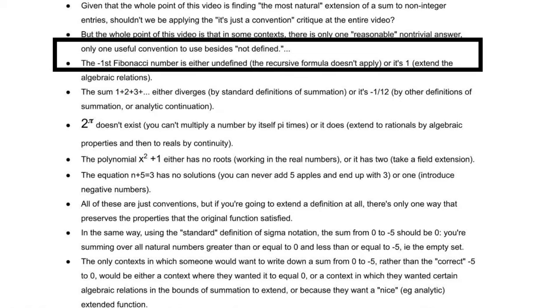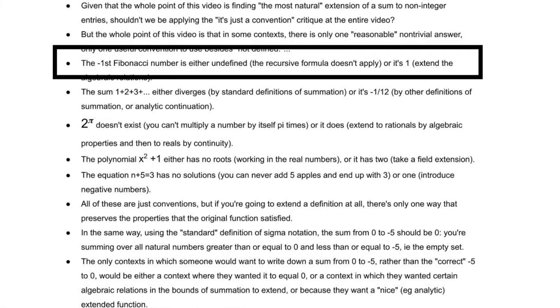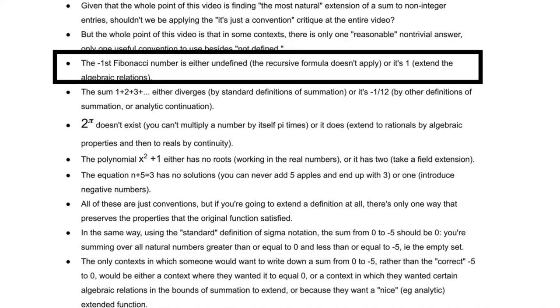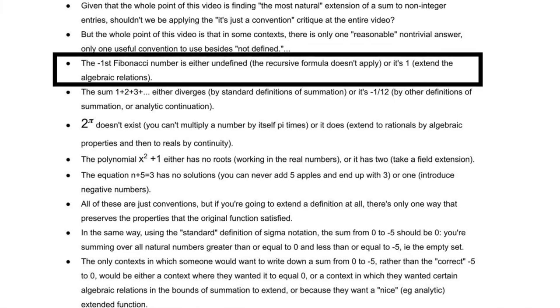The 1st Fibonacci number is either undefined, the recursive formula doesn't apply, or it's 1. Extend the algebraic relations. I do not believe there is any scenario in which any mathematician has bluntly declared that f-1 is simply undefined. In any case, we may constrain the domain of f so that the domain is n, not z, but this is different than just saying f-1 does not apply.